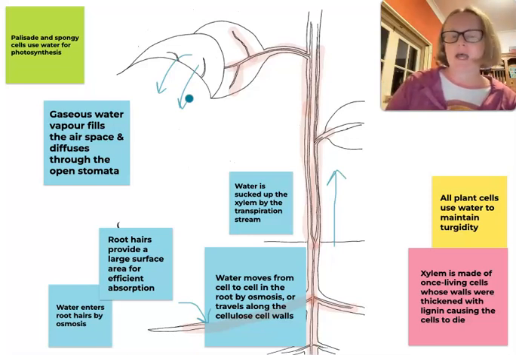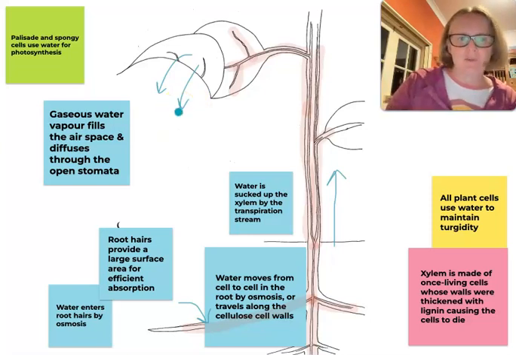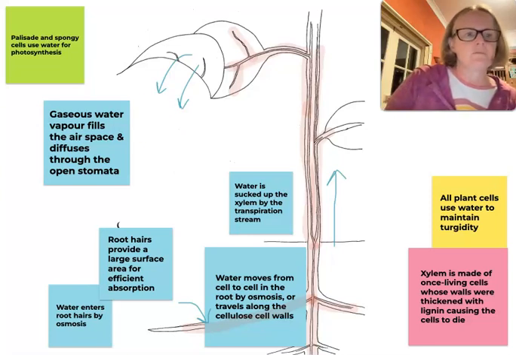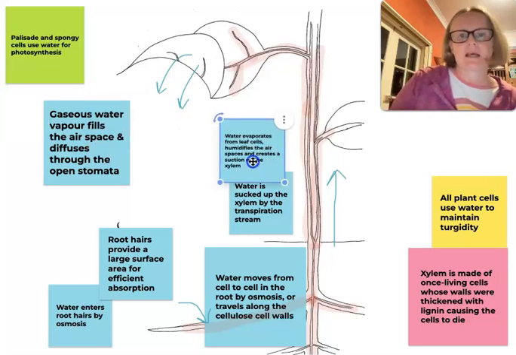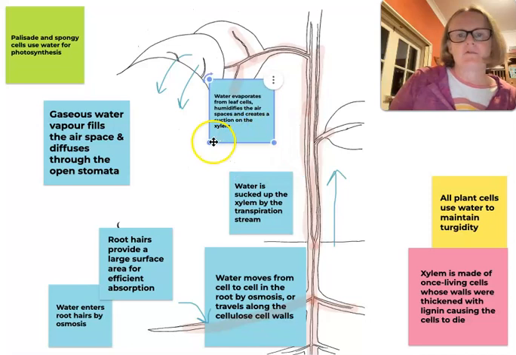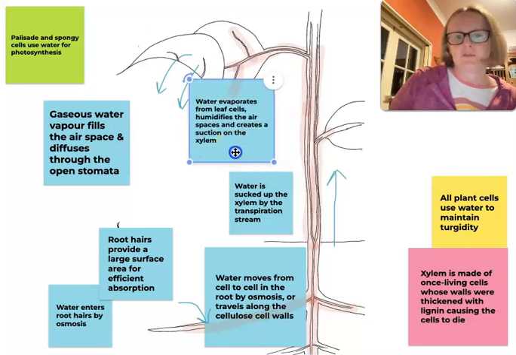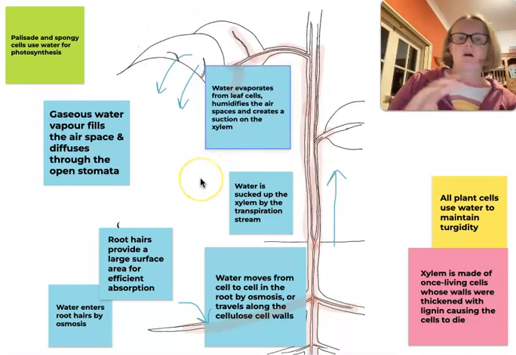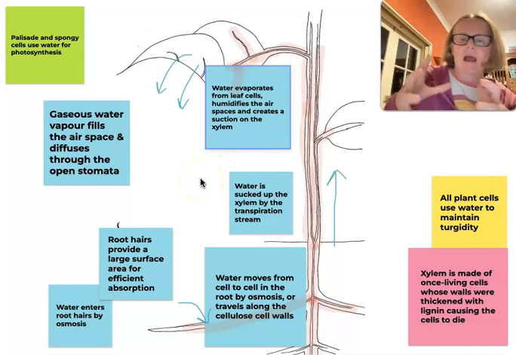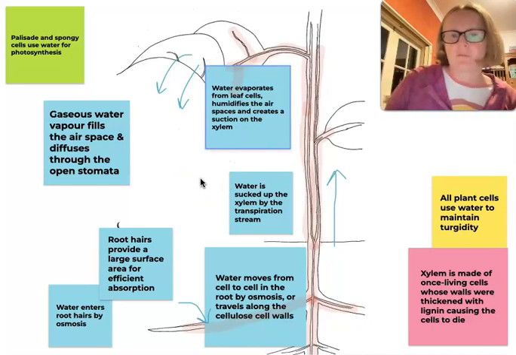On a nice dry day, it will disperse really quickly. How does the water vapor get into those air spaces? Well, it comes from the leaf cells themselves. Inside the leaf, there are lots of cells that are contacting air spaces and they are just evaporating water from them.